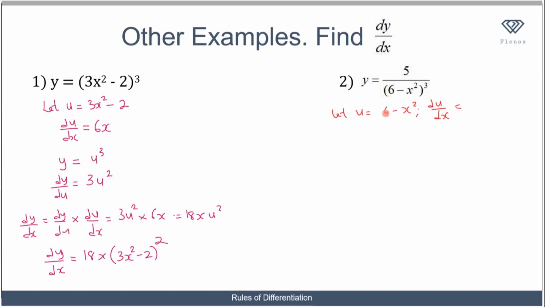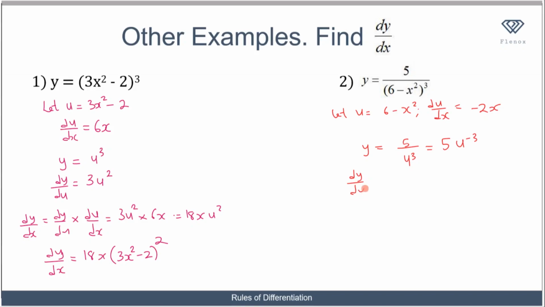A constant will be 0, and minus x squared will give me minus 2x when I differentiate it. Now I can replace this with u. So I have y equals 5 over u cubed. This becomes 5u raised to the power minus 3 based on our law of indices. So I can find dy over du.